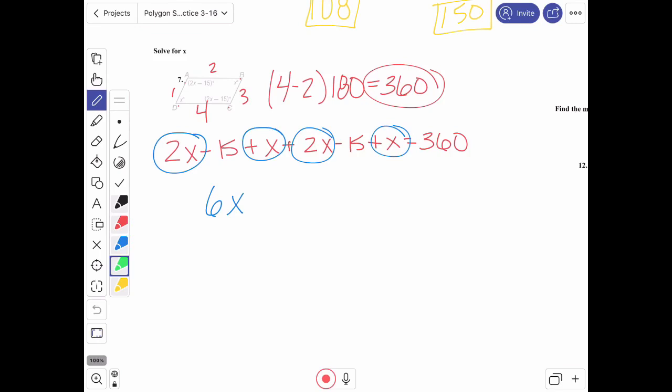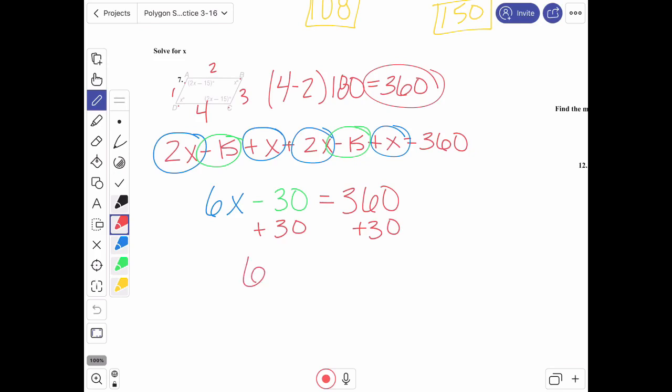Then I'm going to take minus 15, so minus 30, equals 360. Then add 30 to both sides, and I get 6x equals 390. Divide by 6, and x equals 65.